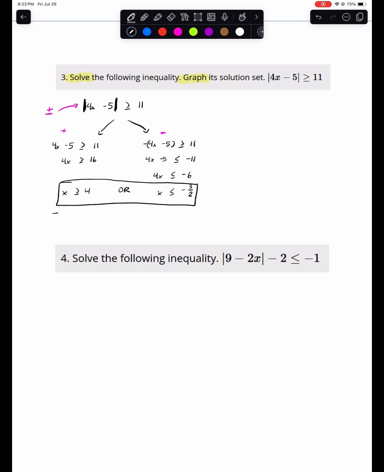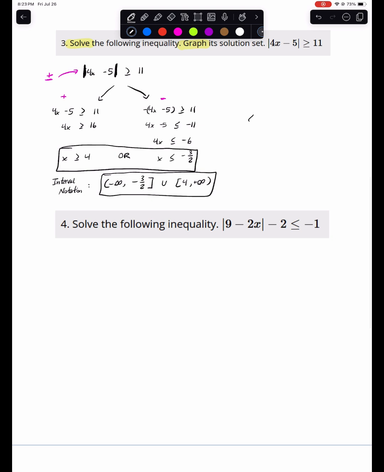In interval notation, we would have negative infinity to negative 3 halves inclusive, right? Union 4 inclusive to positive infinity exclusive. This is our interval notation of our solution.